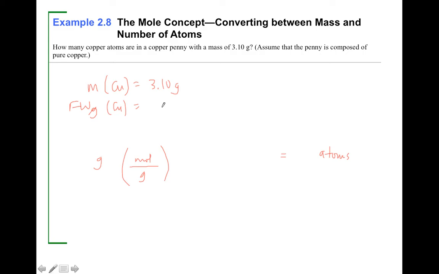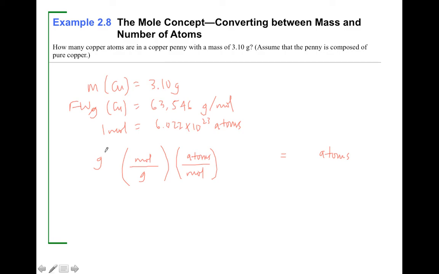It's 63.546. 63.546 grams per mole. I've got that. Okay, and then finally I can get rid of moles and introduce atoms, and this is Avogadro's number, right? Because 1 mole is equal to 6.022 times 10 to the 23rd atoms.